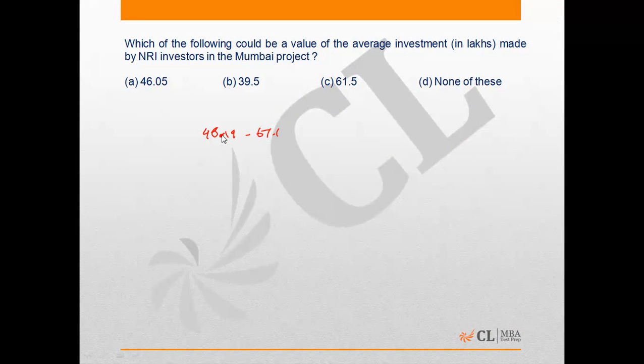So this is the range of investment made by NRIs. Let's see which of these do not fall in it. 46.05 doesn't fall in this category, 39.5 doesn't fall in this category, and 61.5 also doesn't fall in this range. So D is the right choice. This DI should take around 15 to 20 minutes because of the huge calculation involved in the first question.